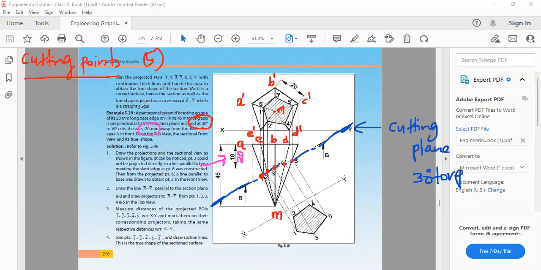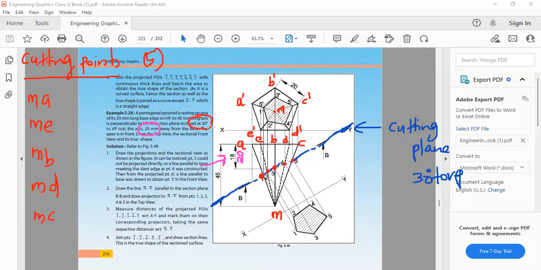That means a total of 5 slant edges. So MA, then ME, then MB, then MD, and finally MC. These are my 5 slant edges.